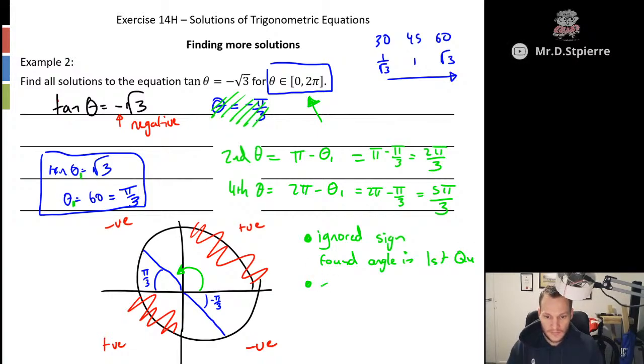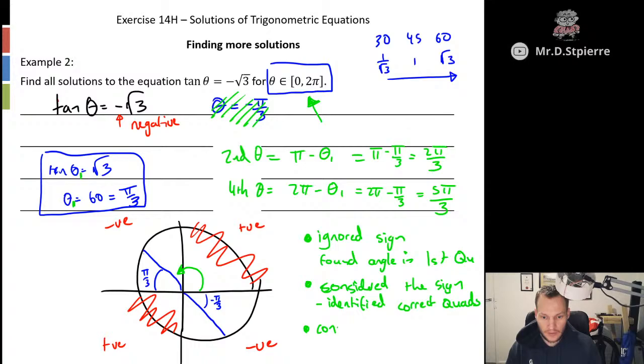Then I considered the sign and identified the correct quadrants. And then, in the last step, I converted theta to the correct quadrants.